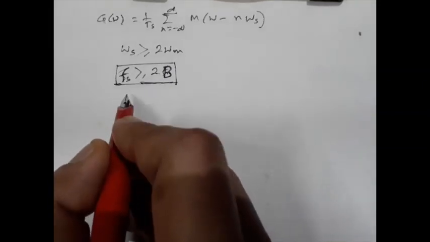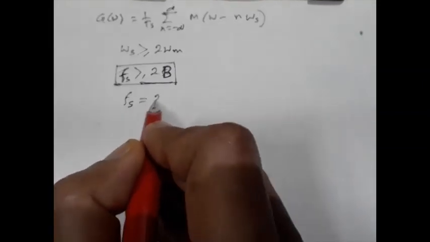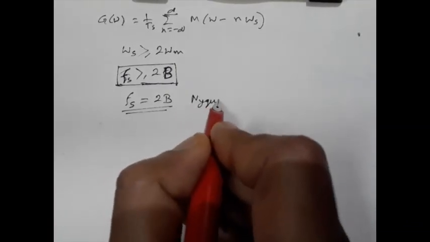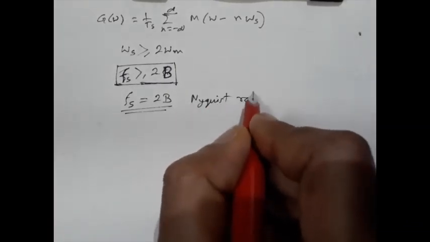Now if we keep Fs exactly equal to twice B, then that particular rate is called the Nyquist rate.